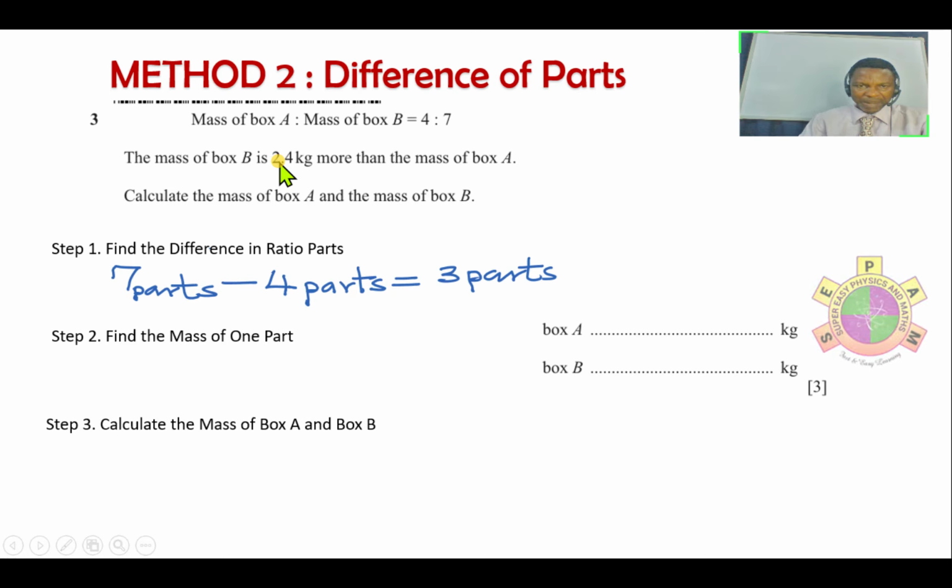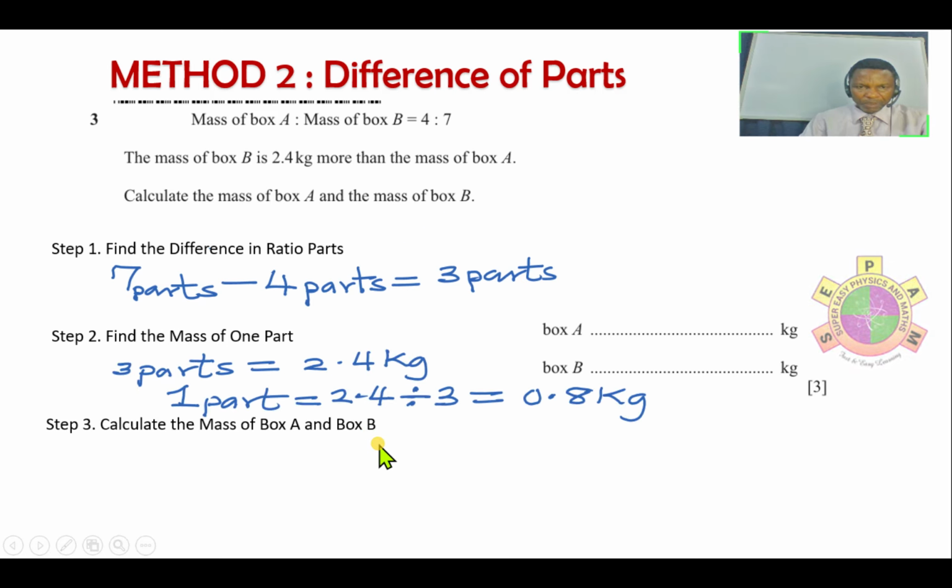Since the difference in mass of bus A to bus B is 2.4 kg more, this 2.4 kg is equal to 3 parts. So what is one part? If 3 parts of a mass gives 2.4, then 1 part of the mass is equal to 0.8 kg.